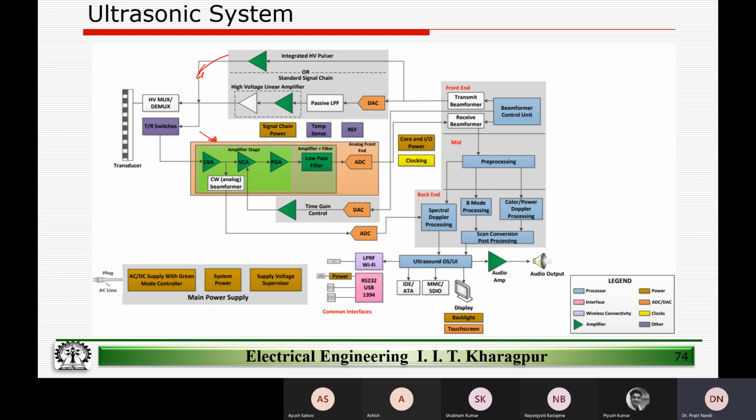Whether to turn on the transmitter path or the receiver path is controlled by the digital signal processor. It knows now I need to turn the receive path off and send a signal to the transmitter. This is why the integrated high voltage pulser also gets a signal from the digital domain, and it knows what it needs to do. There is a DAC and all this we are not going to talk about, but it's important to understand the signal flow. So this is clear, right?